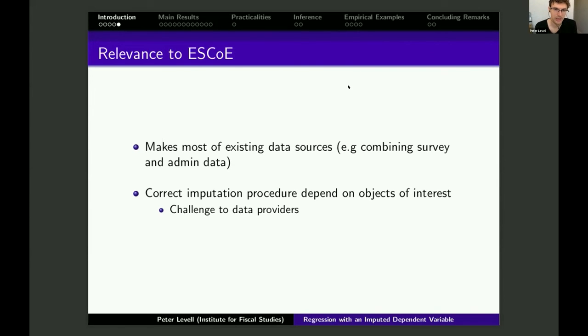The second point is that the correct imputation procedure, as we show, depends a lot on the context, on the question the researcher is trying to answer, the object of interest. That means if you're including imputed variables in a data set, you need to think about how people might use them, and how they might use them in appropriate or inappropriate ways.